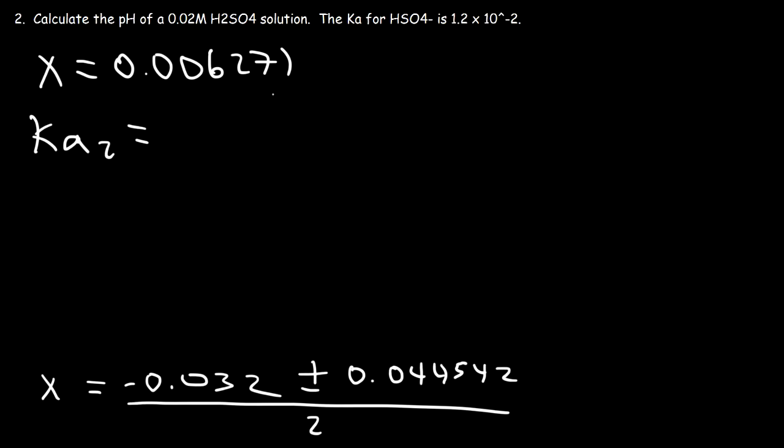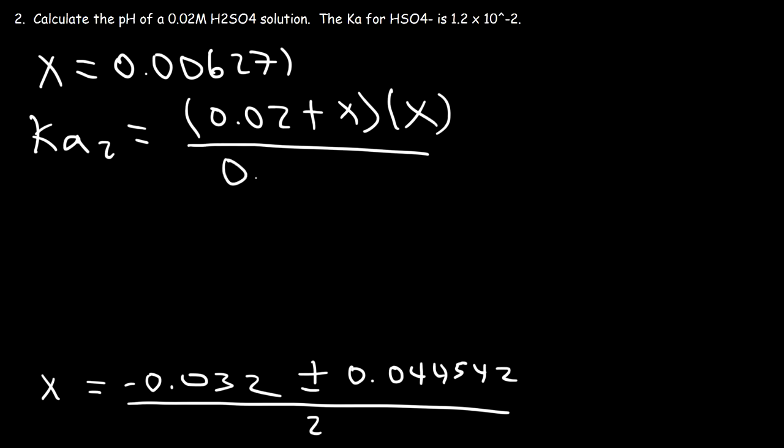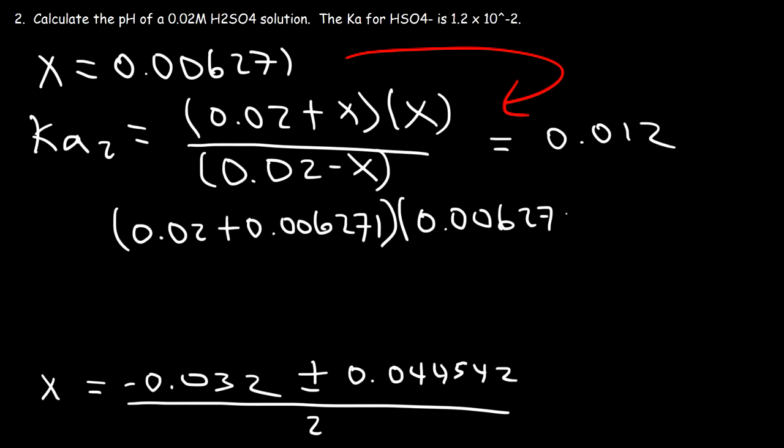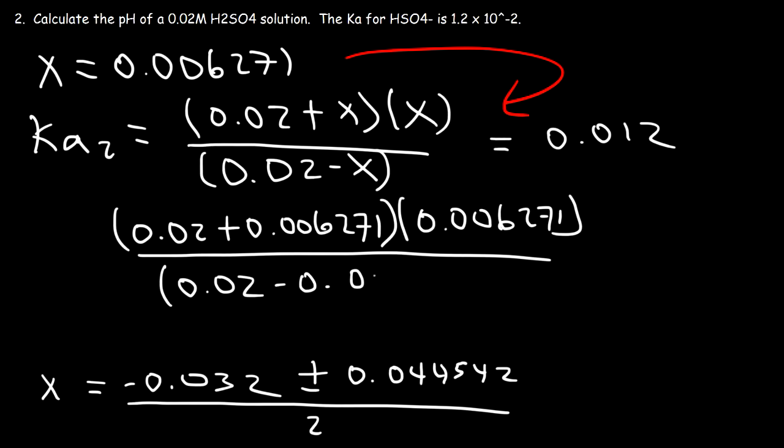Now let's check it. We said that Ka2 was going to be 0.02 plus x, that's the H plus concentration, times the sulfate concentration, divided by the bisulfate concentration, which was 0.02 minus x. So let's plug in x into this expression, and let's see if we get a number that's very close to 0.012. So go ahead and type this in, 0.02 plus 0.006271, and then times this number, and then divided by 0.02 minus 0.006271.